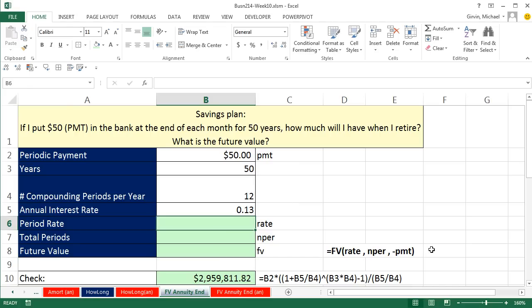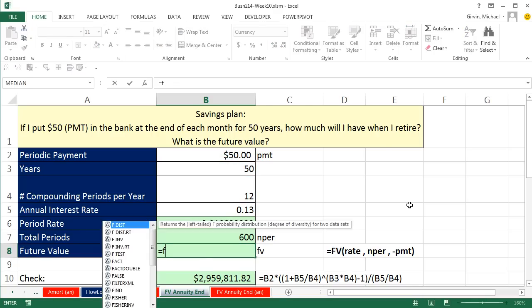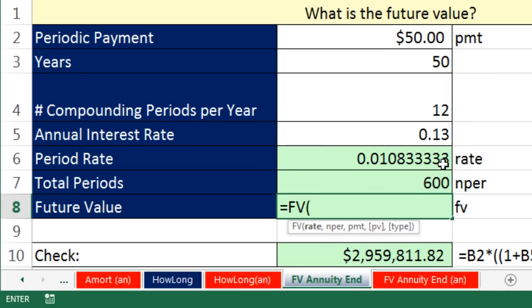All right, equals period rate, 13 divided by number of periods per year. Total periods equals 12 times 50. And then future value equals FV. After using these financial functions, you kind of get the hang of these different arguments. The rate is always period rate, comma, the NPER, total number of periods.